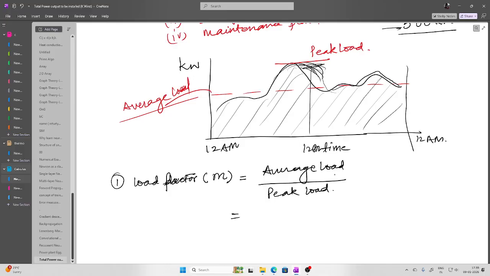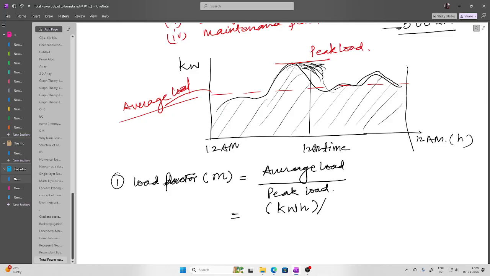So how to find out the average load? You just evaluate the area and then divide it by that particular time period. So if it is in kilowatt and this is in hour, so the kilowatt hour, that is the area, divided by that particular time period.